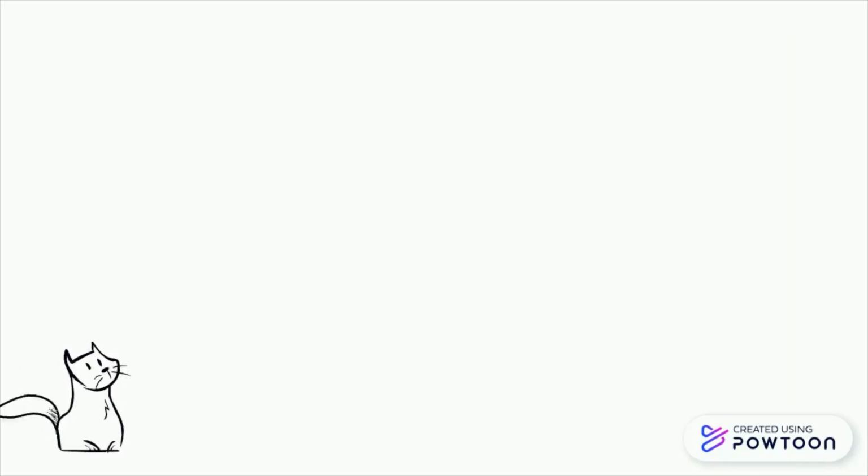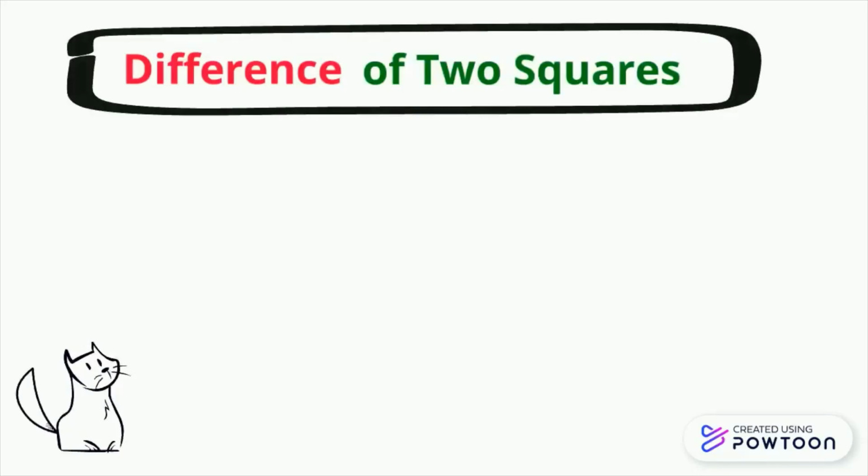Let us further discuss the factoring of the difference of two squares. The difference of two squares is in the form of x squared minus y squared.